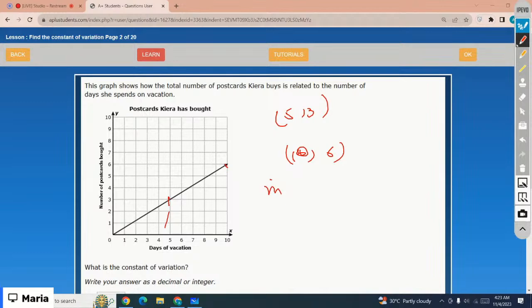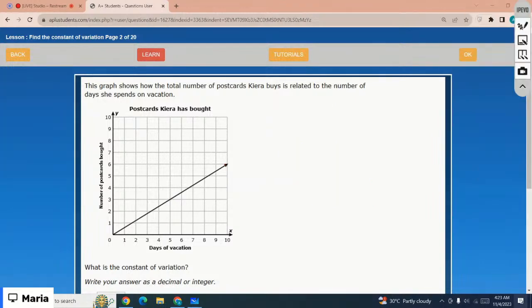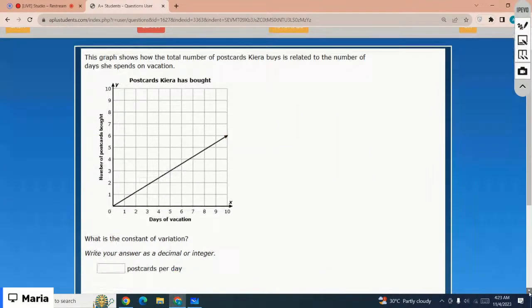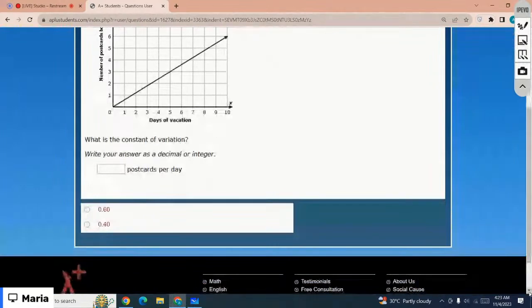Let's just calculate the slope. Slope is change in y divided by change in x. That would be 3 over 5. The correct option is 3 over 5. Hold on, that is 0.60. The correct option is 0.60.